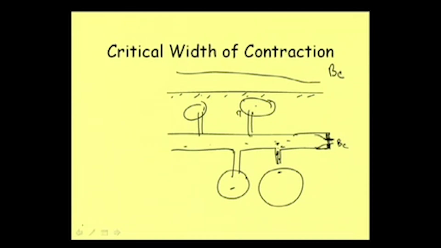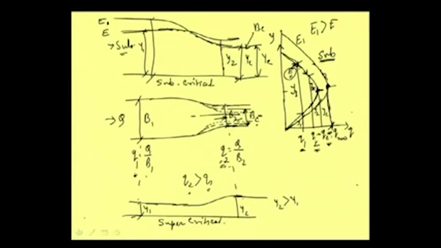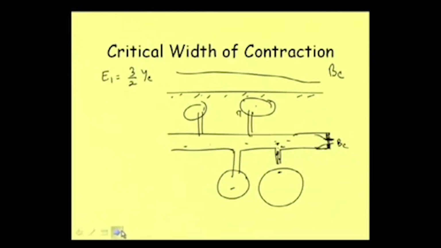Well, again let me take this situation that we had one point, that E1, the energy at this point, is equal to 3 by 2 of YC. If we remember that point when we were discussing our critical depth, the minimum energy E1 at critical condition we can express as 3 by 2 of YC.